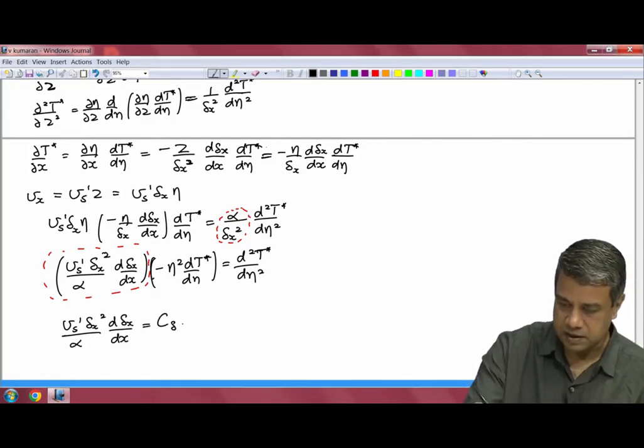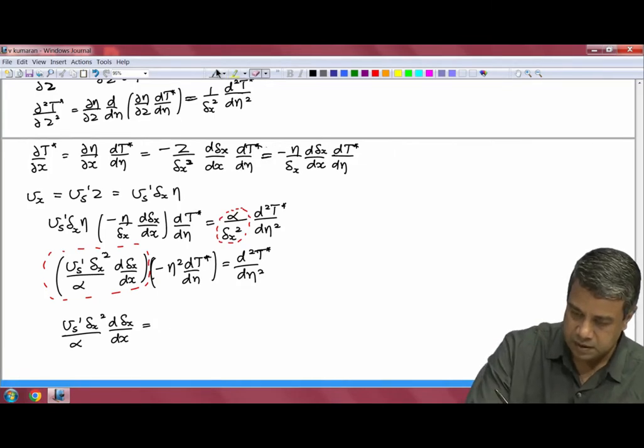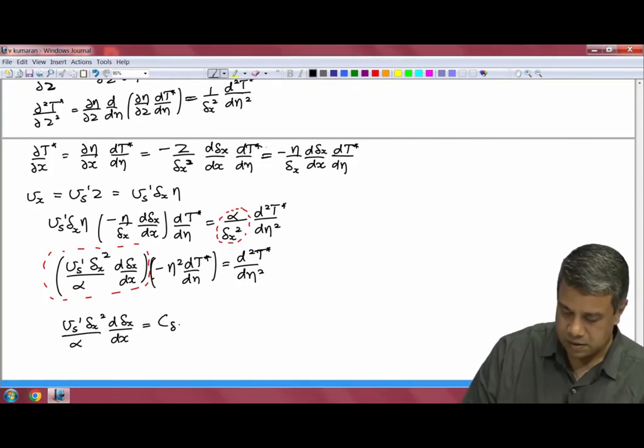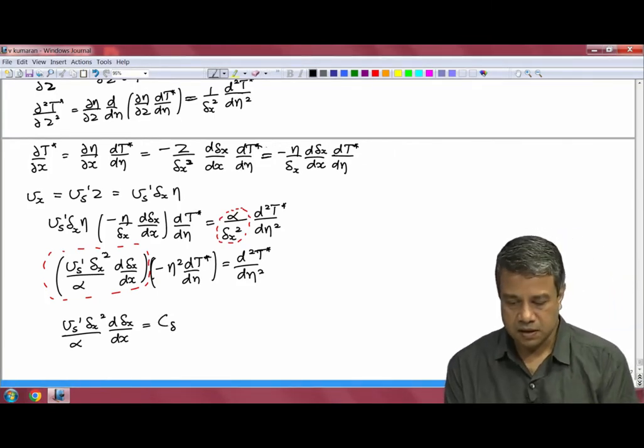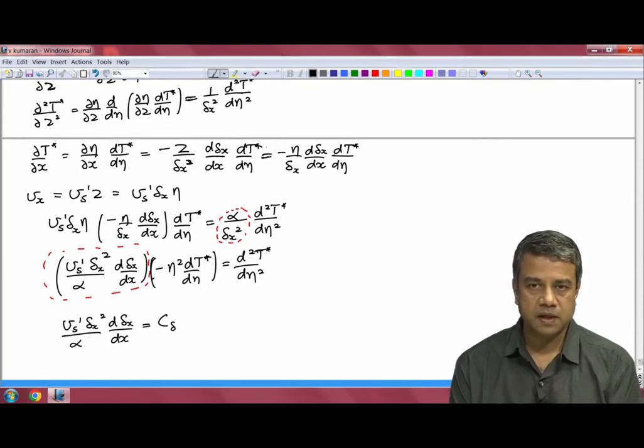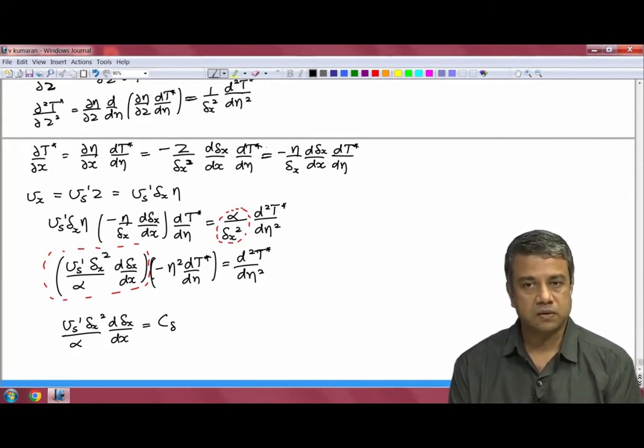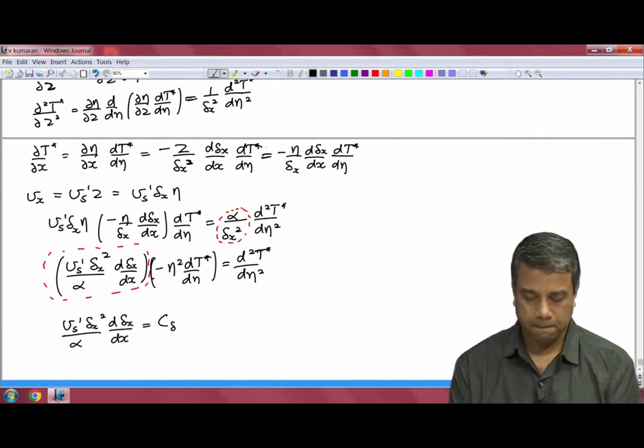I will call it c delta. If this is a constant, then the equation is independent of x and z. It depends on x and z only through the dependence on eta.